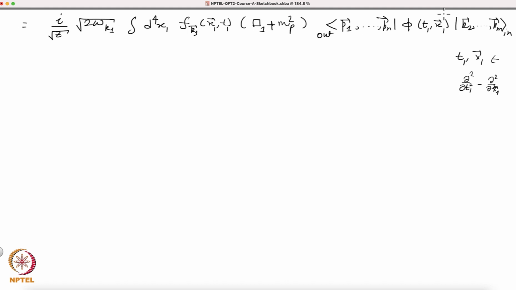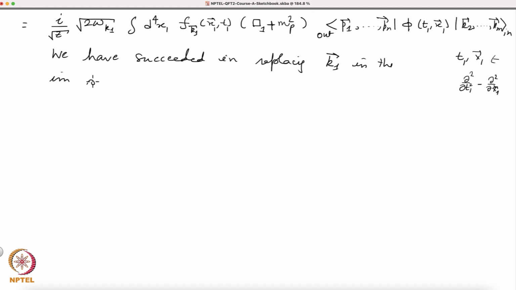Okay, so good, let me write down, we have succeeded in replacing this label k1 in the in state by the field phi.